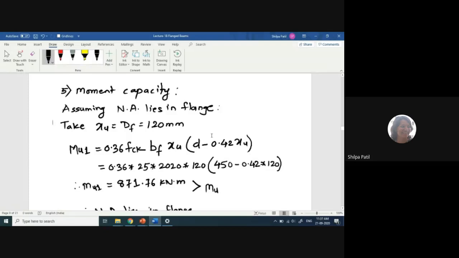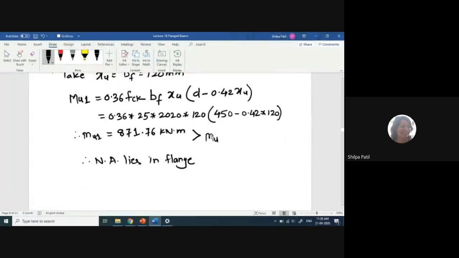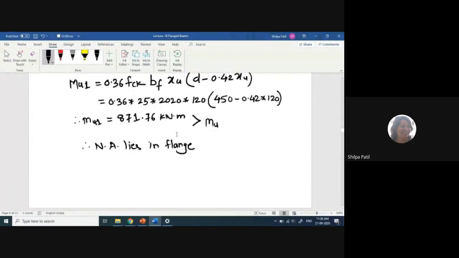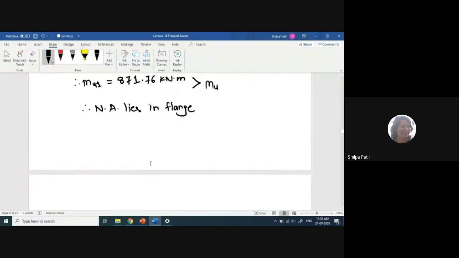So the moment capacity we have already calculated, Mu1, which is Mur now in our case, because it is confirmed that the neutral axis is lying in the flange. So the next step, the sixth step, is calculation of Ast.